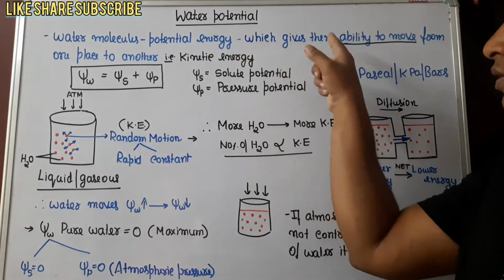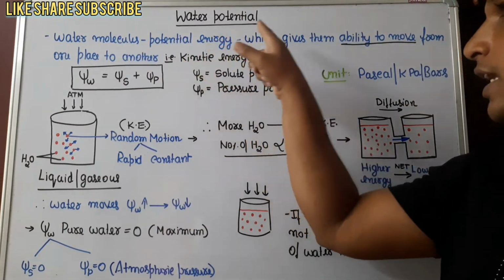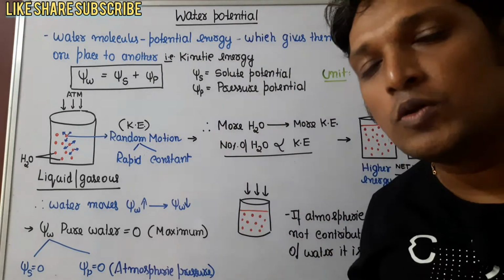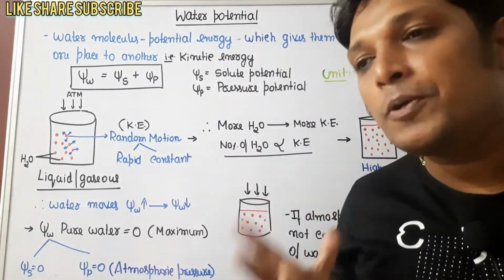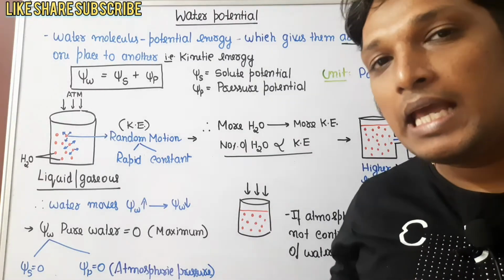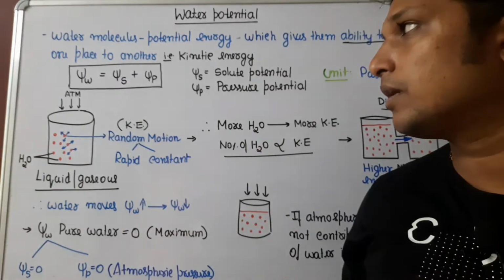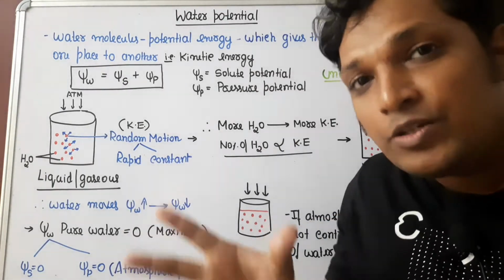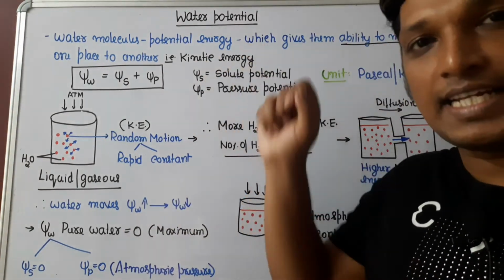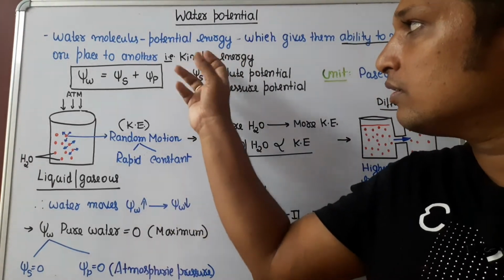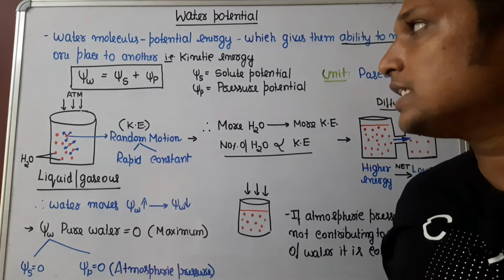So, a water molecule has potential energy which gives it the ability to move from one place to another place. Therefore, we can consider water potential as the ability of the water molecule to move from one place to another place. That ability to move is kinetic energy, because it is moving energy. So that is about water potential.